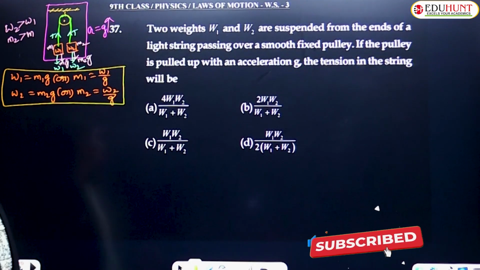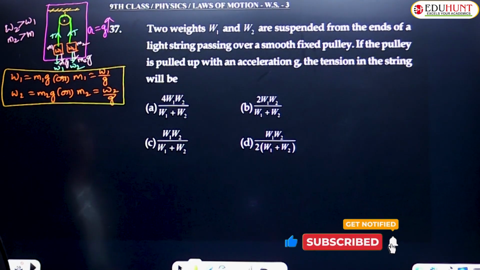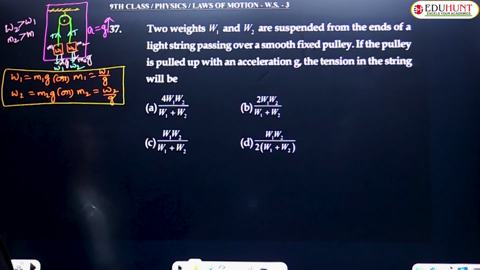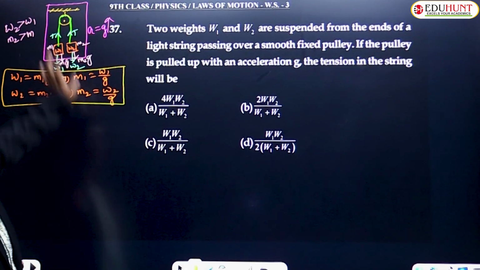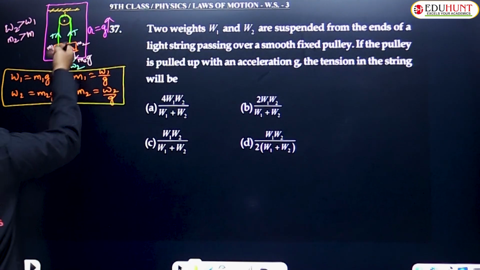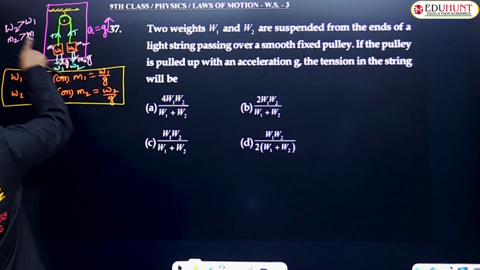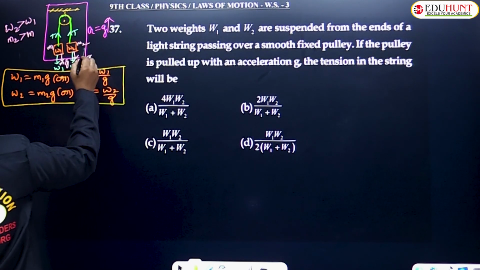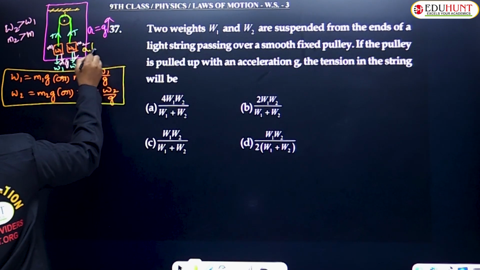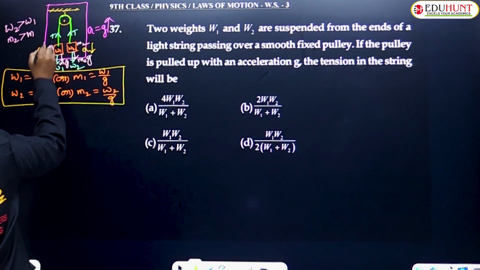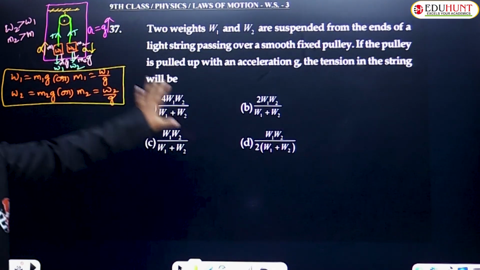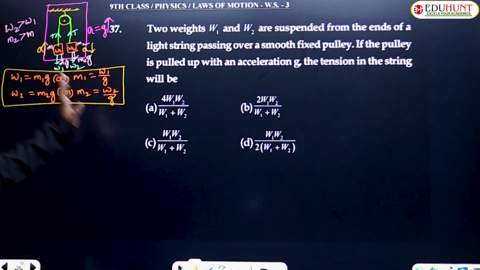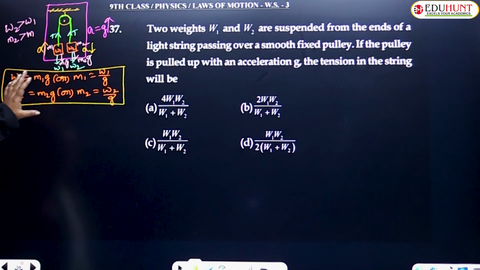Now let us try to write the equations of motion. Because W2 is greater than W1, let us go for the right side first. As W2 is greater than W1, this part is accelerating downwards and this part must be accelerating upwards. Maybe the picture is a little clumsy, but I need the complete space, children, so try to concentrate here. Let me recall it back.